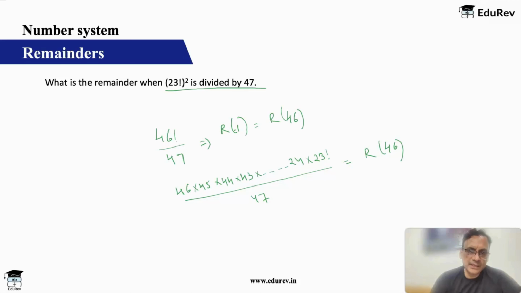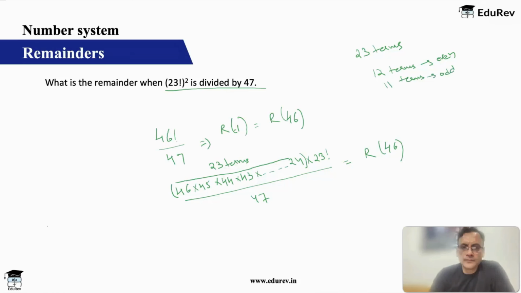Now this part that I have, 46, 45, 44, 43 up to 24, you can see that this will basically contain 23 terms, out of which 12 terms will be even and 11 terms will be odd, right?